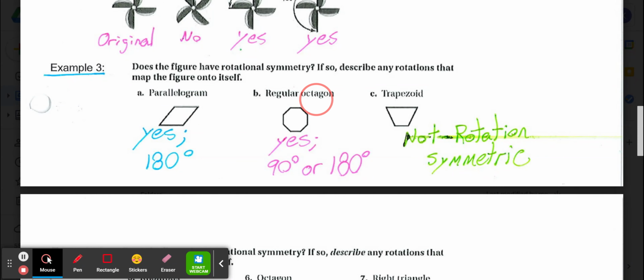The regular octagon has rotational symmetry of 90 degrees or 180. If we rotate this 90 or 180, it would be identical. The trapezoid is not rotation symmetric because the only way this trapezoid maps onto itself would be a rotation of 360 degrees.